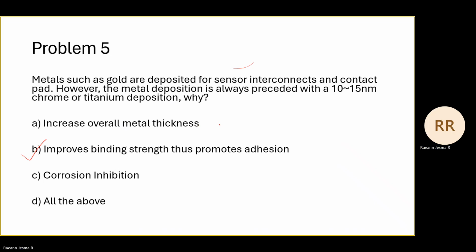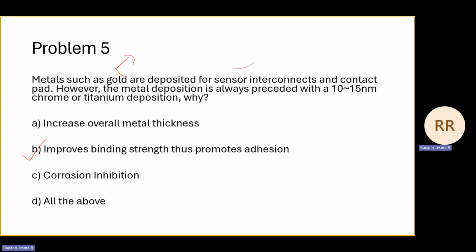Gold is what kind of metal? It is a noble metal, right? That means it has low chemical reactivity. That's why they are called noble metals. Because they don't have much chemical reactivity, they also don't adhere to the substrate very easily.